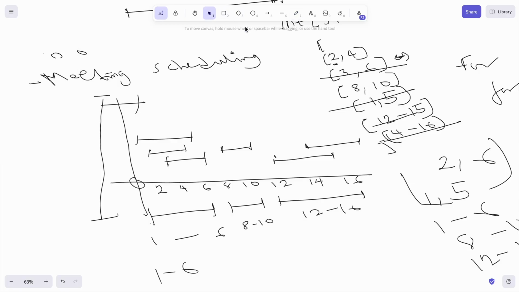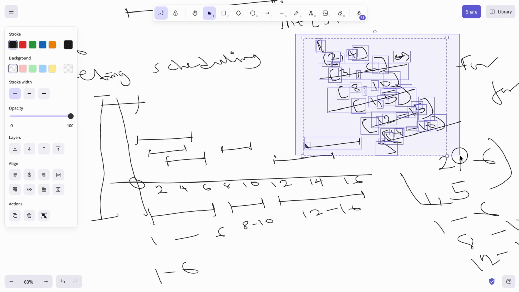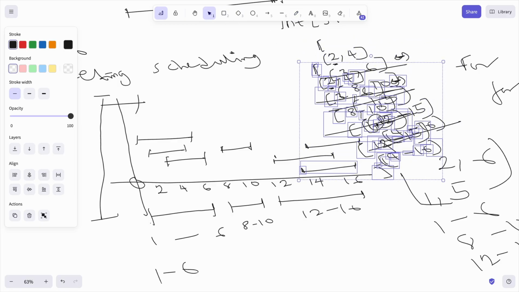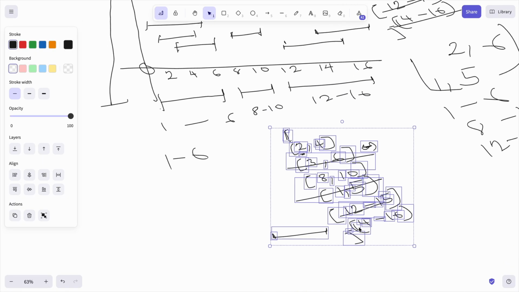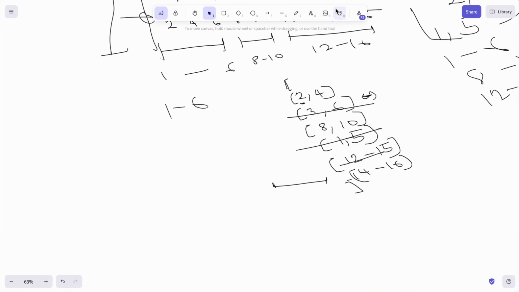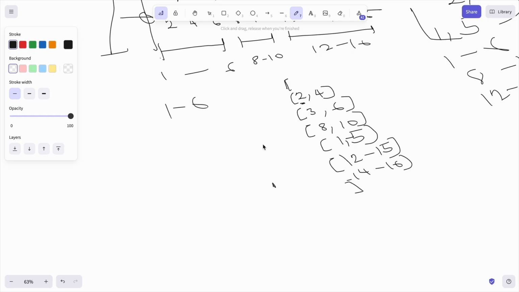So what we need to do is let's just create a copy of this so that we can have something to work with. Okay, so let me just erase this. So now we sort these elements using the starting indices. So that's the first step: sort using the starting index of range.